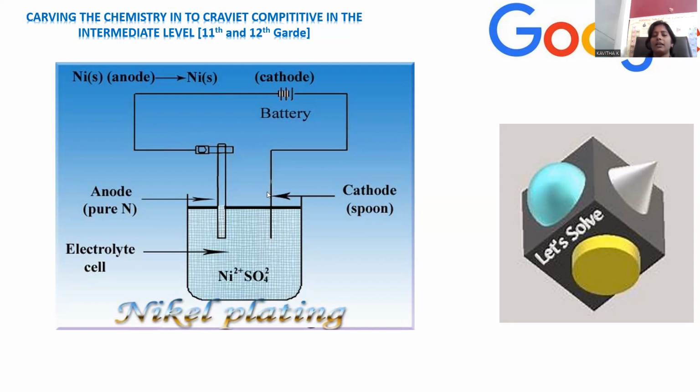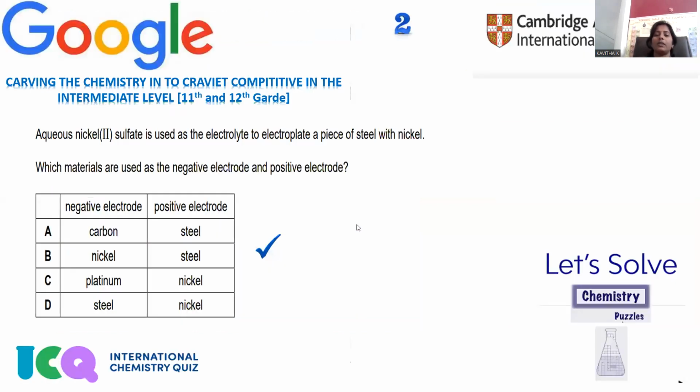A layer forms with the nickel on the surface of the spoon, which is called electroplating. In the presence of electrical current, nickel coated on the surface of the spoon is called electroplating. That is available in option number B. For question number 2, option number B will be the correct answer.